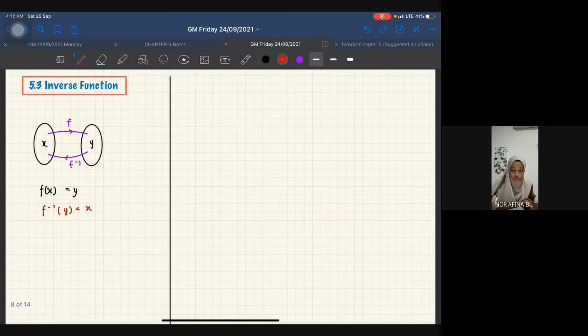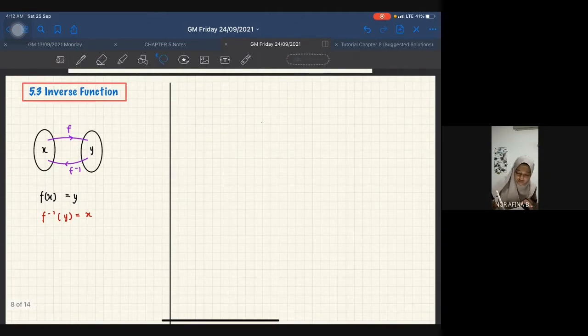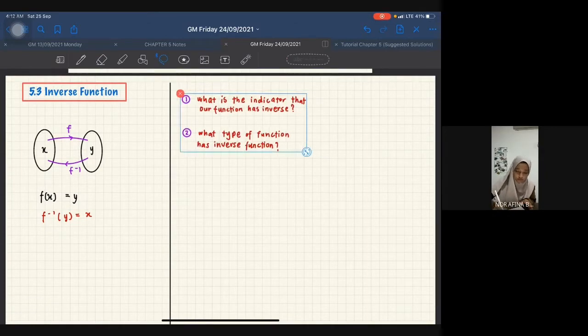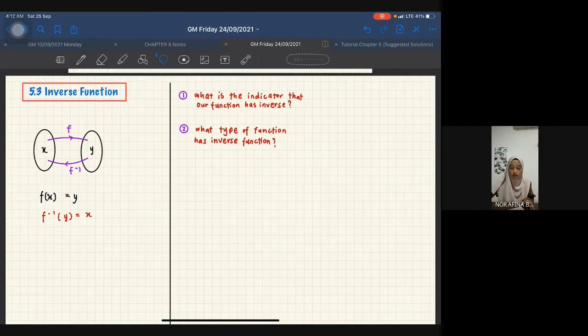Saya ada soalan. Ini soalan saya. Yang first sekali, what is the indicator that our function has inverse? Apa yang menentukan awak punya function tu, dia ada f inverse dia sendiri. Dia ada f power of -1 tu. Itu soalan pertama saya. Soalan kedua saya, what type of function has inverse function?